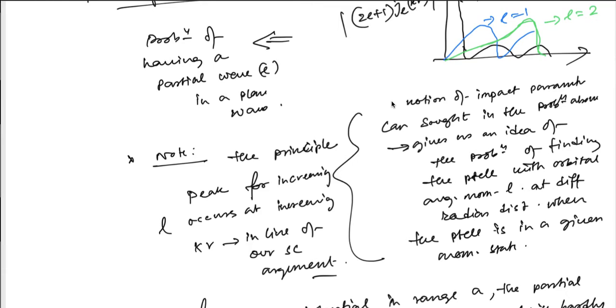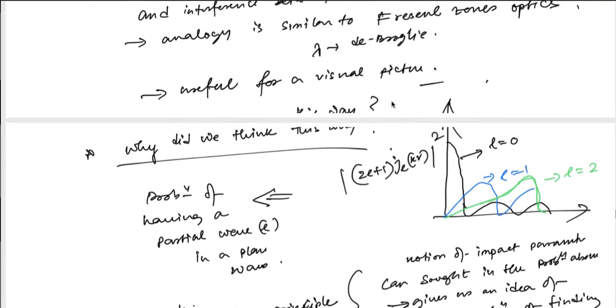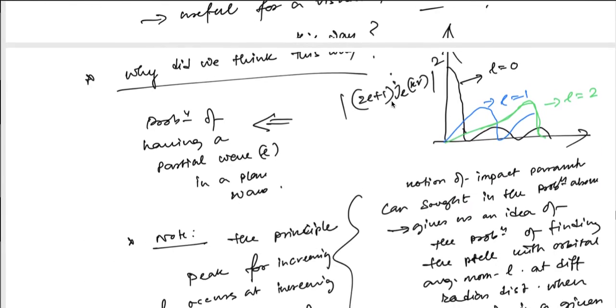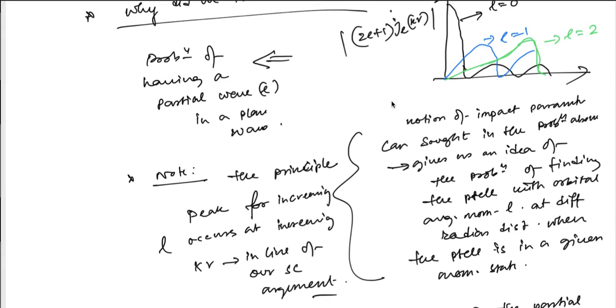If I am in a particular plane wave state, what is the probability of finding that plane wave state of that given momentum in different spherical wave states, where each spherical wave state represents a particular angular momentum? That is why I correspond this picture of a particular plane wave angular momentum, which we estimate by Pb, with a particular spherical wave whose angular momentum is L h bar.